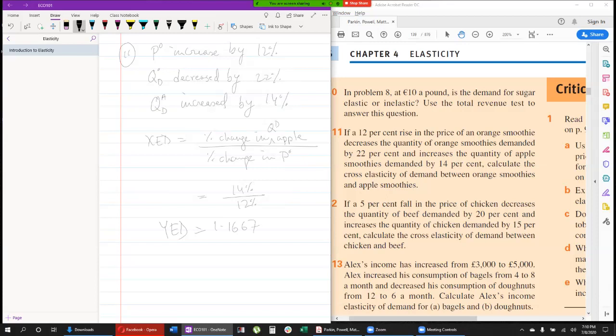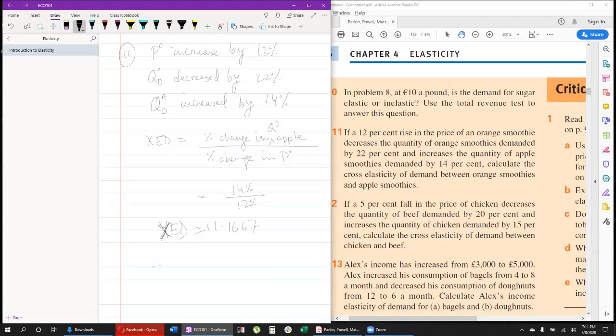Yes, okay. What can we say? First of all, this is a positive XED, positive cross elasticity of demand. What does that mean? It means that if price of one good goes up, the quantity demanded of the other good will go up as well. So based on the fact that we have a positive sign here, we can say that apples and oranges are substitute goods, and the fact that it is more than one means that it's elastic.